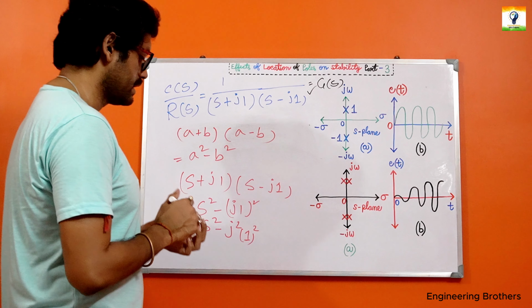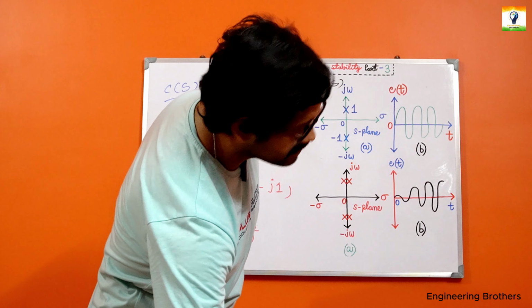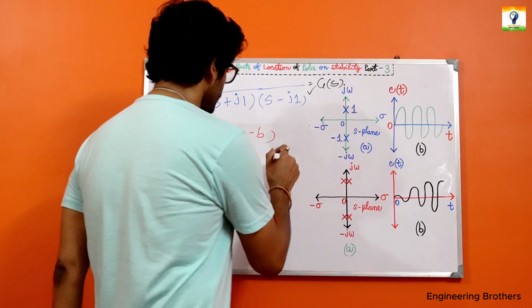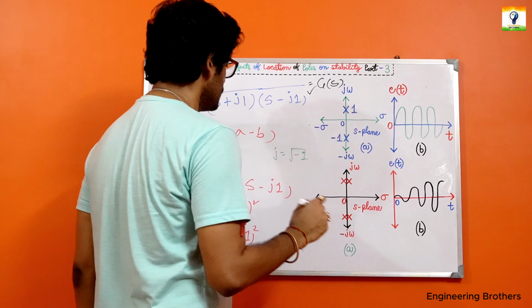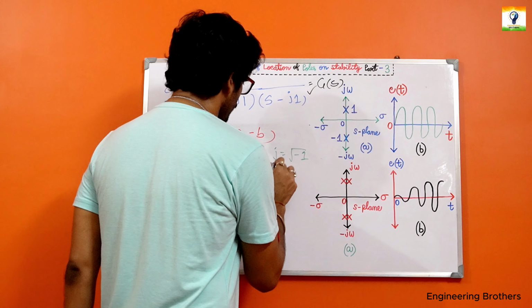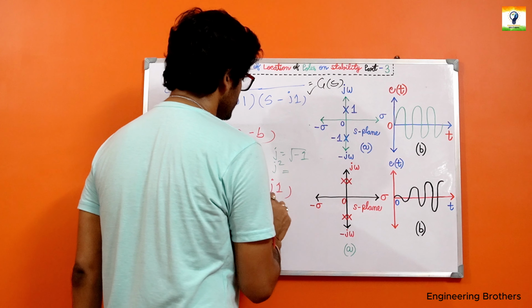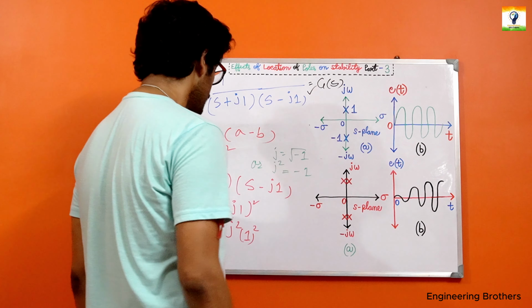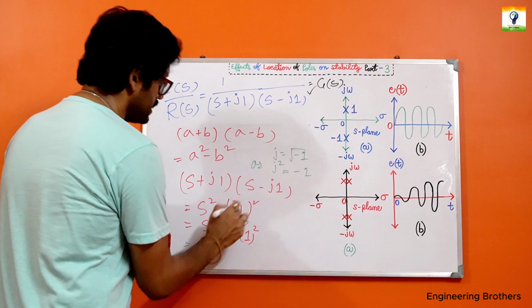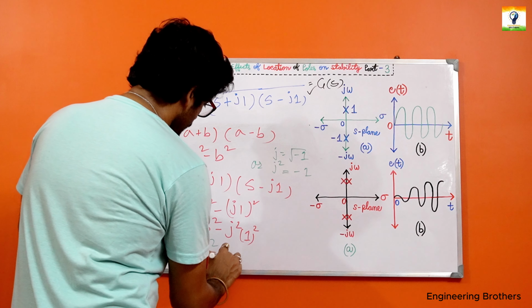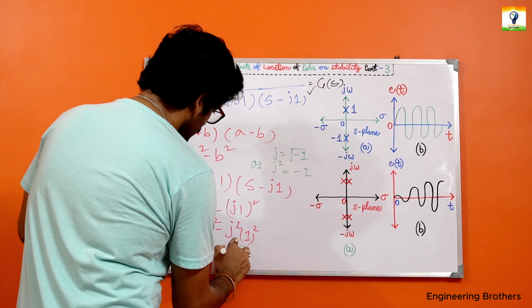And according to our analogy, we do know that the value of j will be square root of minus 1, and if you just square on both sides in our given equation, we are having j square is equal to minus 1. Now this one will be s square minus, actually to give us plus, 1 square.